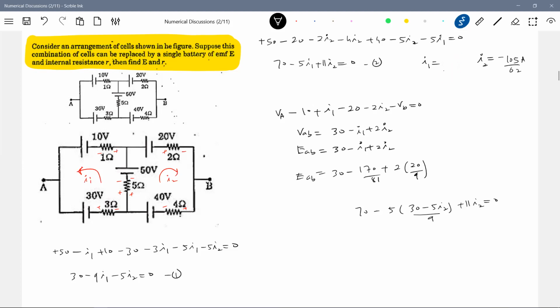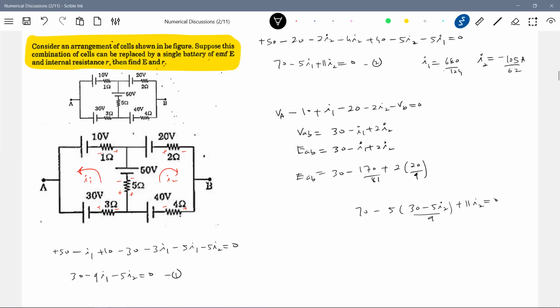I2 is this. What about I1 then? Anybody I1? 680 by 124.